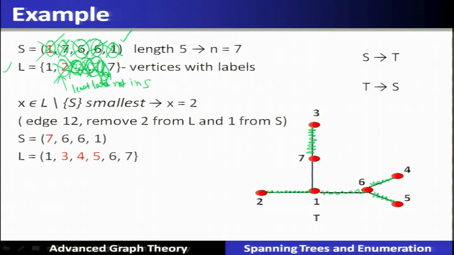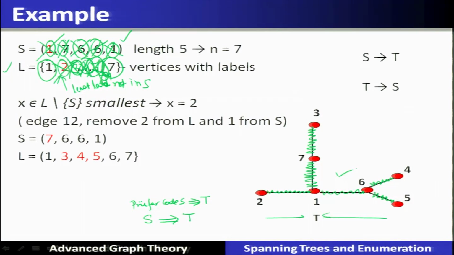Now finally we are left with 1 and 7. So 1 and 7 will be joined by an edge, and we terminate. So when we terminate, we see that out of S, we have produced a tree. So given a Prüfer code S, we have produced the corresponding tree.